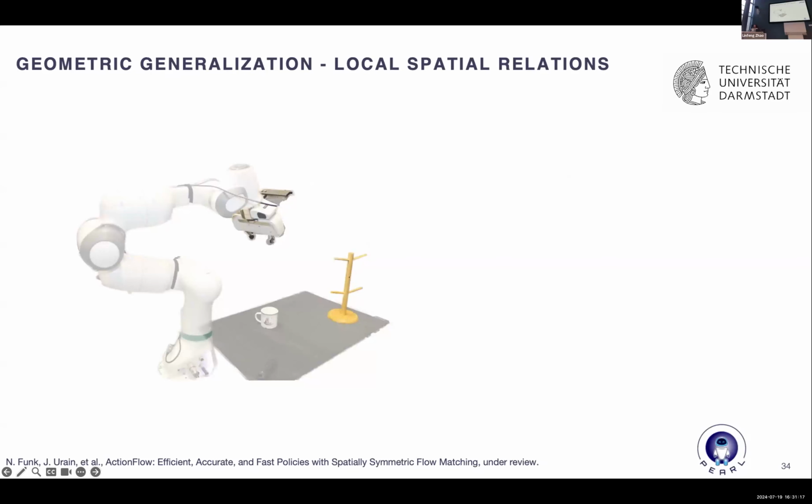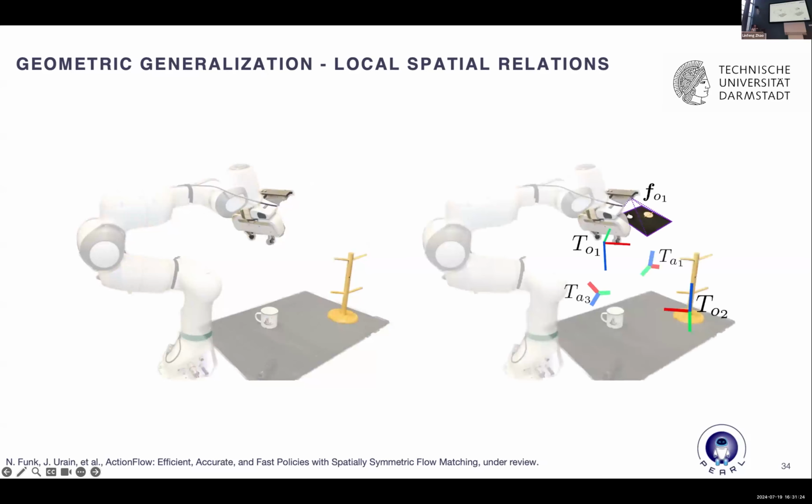First, we want to understand local spatial relations. So we start with the premise that I think Robert also referred to. We wanted to find a method that allows us to do invariant transformations in the local vector space, so that when you go onto the gradient, the vector field allows for global equivariant action generation. We define different frames: the frame of the robot, the frame of different objects.